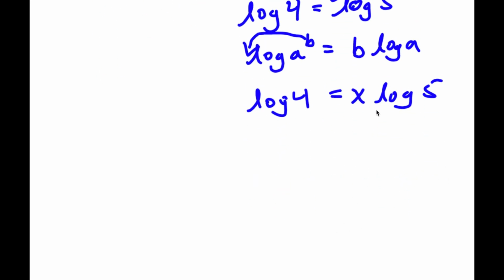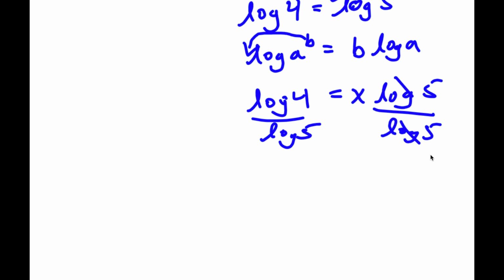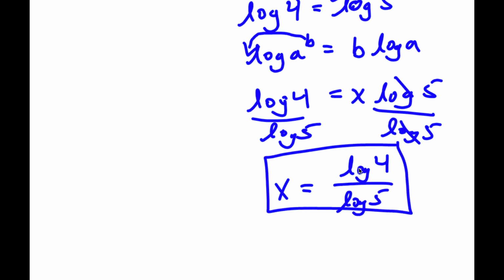And we want to isolate x, so I'm going to divide both sides by log 5. These two will cancel out. So I'm left with x is equal to log 4 over log 5. And we can simplify this if we use a calculator and find the values of log 4 and log 5, but this is our answer.